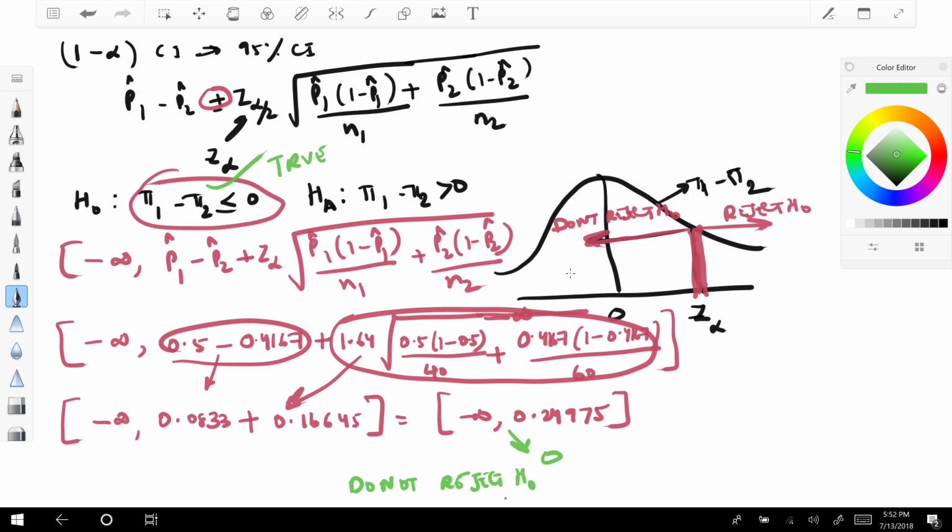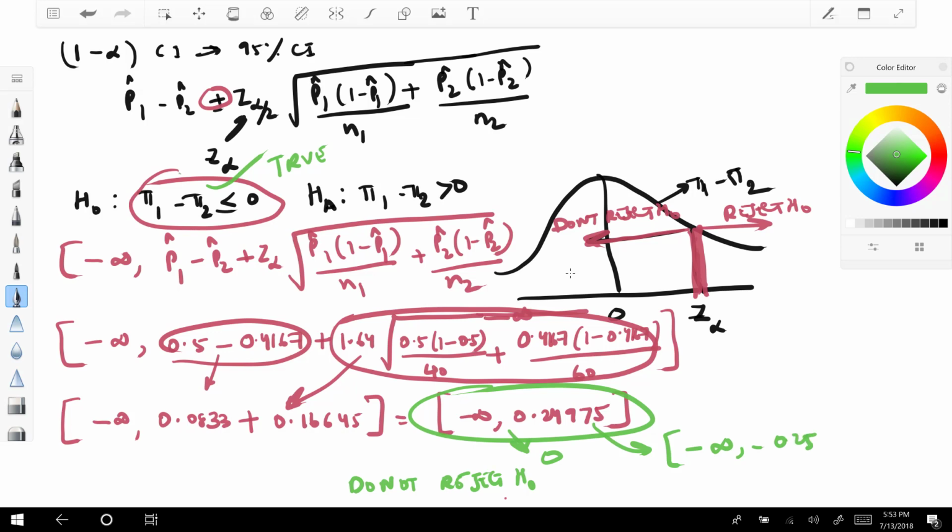Suppose we had got a limit like, maybe we can use a different example, negative infinity to negative 0.25.